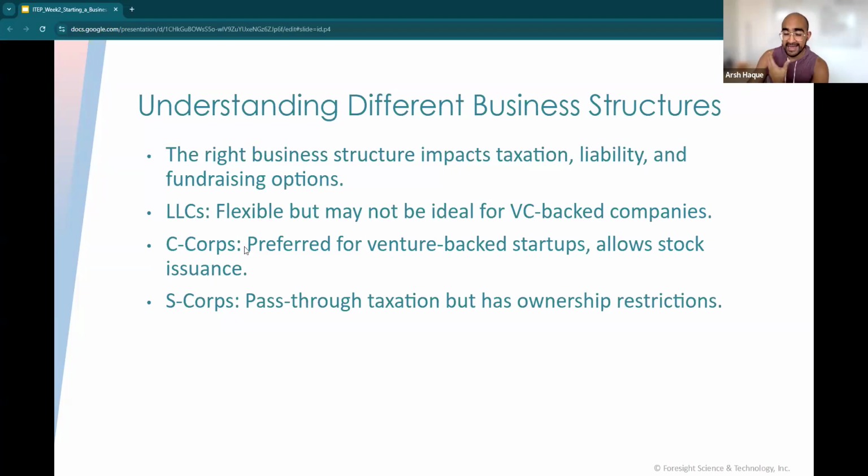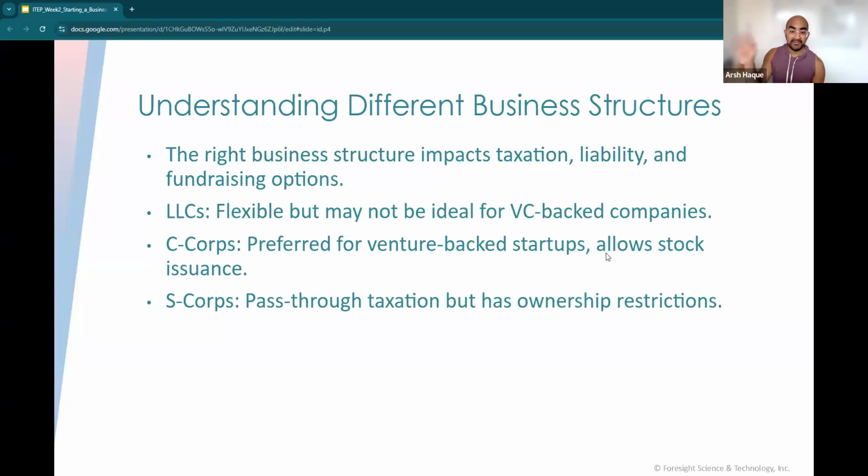Probably the most common one I see for SBIR backed companies that eventually go on to raise venture capital or grow to really large companies is the C Corp. The key difference being C Corps are a little more expensive to build. They're a little more complicated. They provide a lot of the same protections as an LLC, but they're particularly well designed to issue stock.